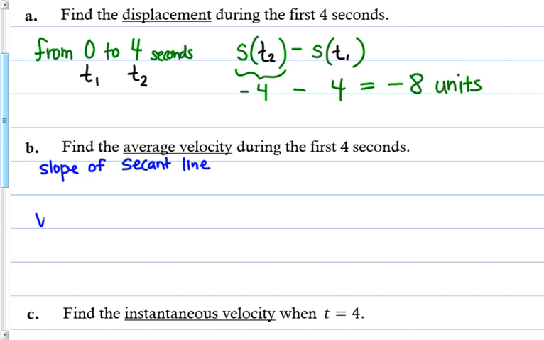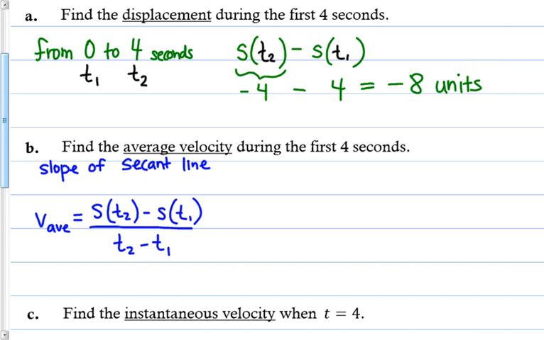Now remember, displacement was the stuff on top, s of t2 minus s of t1. And then the bottom stuff is basically the times subtracted from one another. So t2 minus t1.